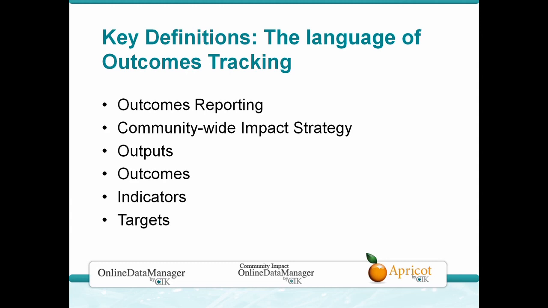So I really believe it's important that you take the time to make sure that you agree on a common language. And so I'm going to spend a little bit of time talking about definitions that I've found helpful in my work, working as a funder and working with agencies. So the terms I'm going to define are outcomes reporting, community-wide impact strategy, outputs, outcomes, indicators, and targets.